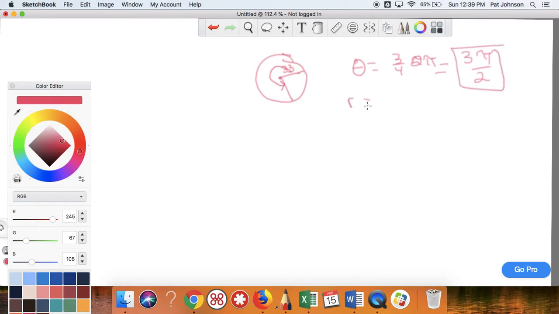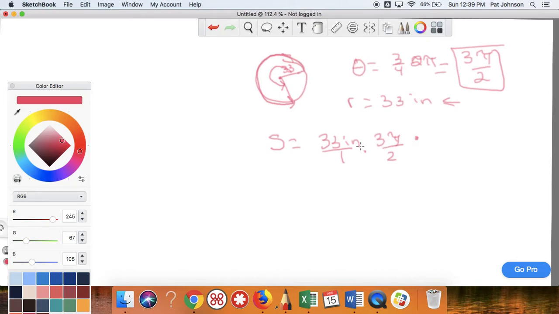Now we know r is 33 inches. They want to know how far it traveled, the arc length, in feet. Well, we have our radius in inches, so let's start with how we find s. So s is going to be 33 inches times 3 pi over 2.